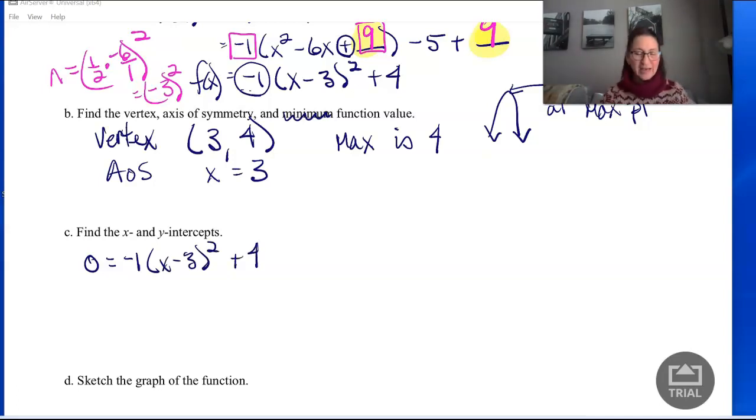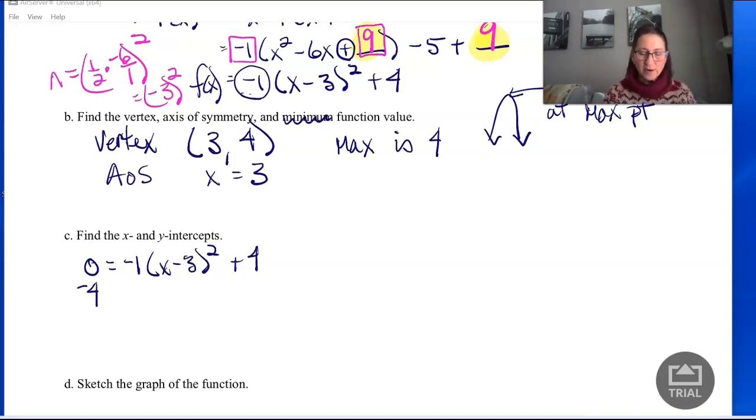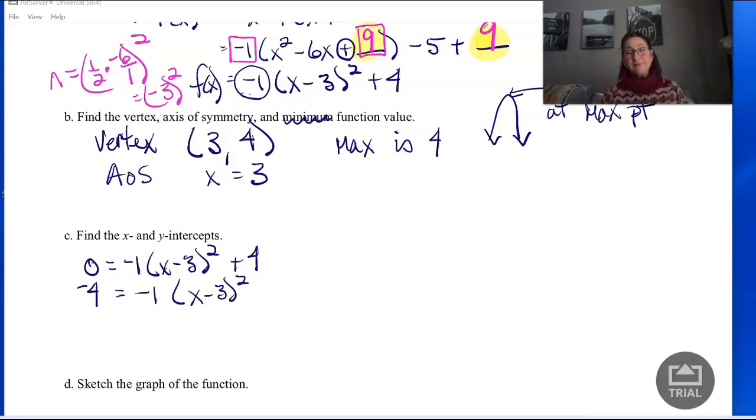Subtract 4 from both sides, so I get -4 equals -1 times x minus 3 squared. Divide everything by that -1. And so I get 4 equals x minus 3 squared.